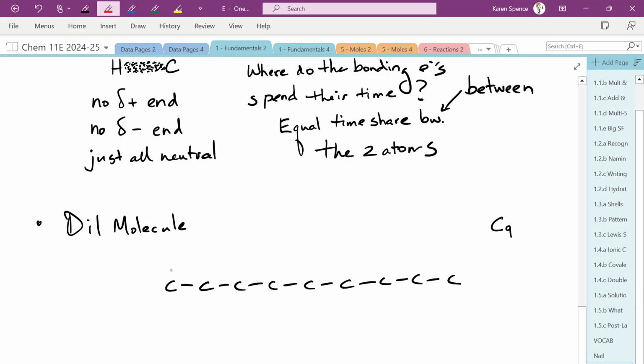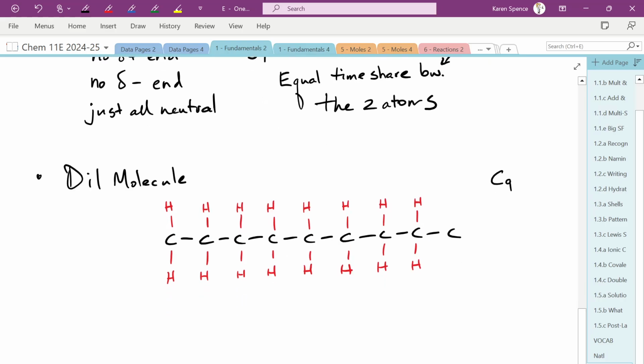Well, every carbon needs one on the top and one on the bottom, yes? Because that's going to give carbon 4 bonds. Whoops, I forgot one here.